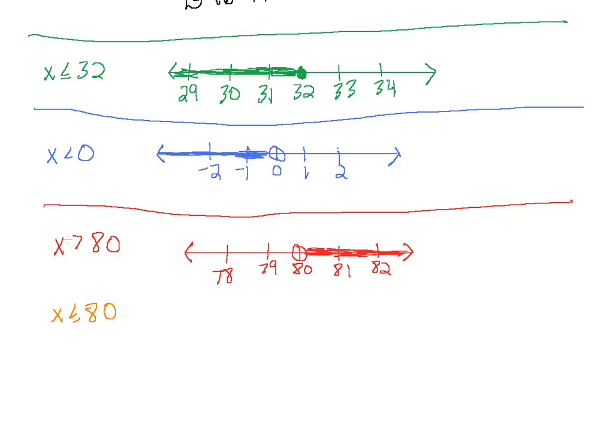If we define our variable x as the psi where the tire is safe, that's at 80 or less than 80. So on a number line, let's see what that would look like.